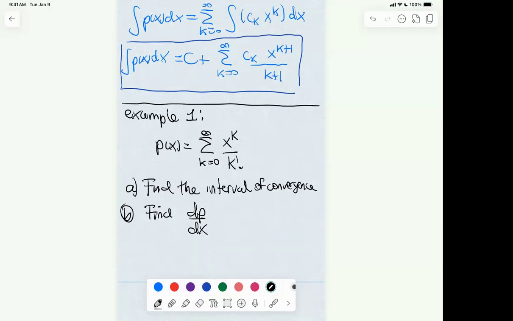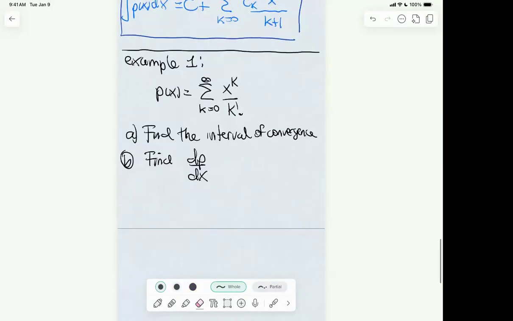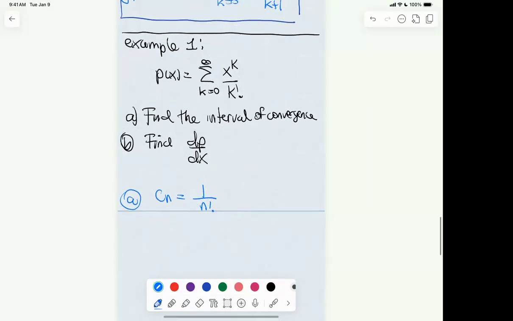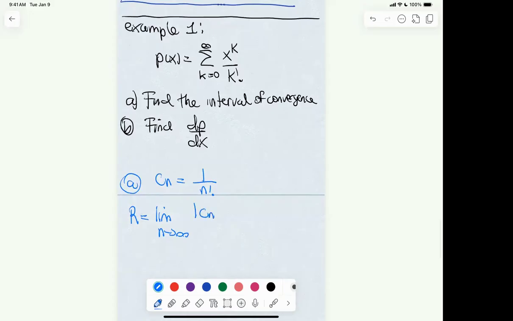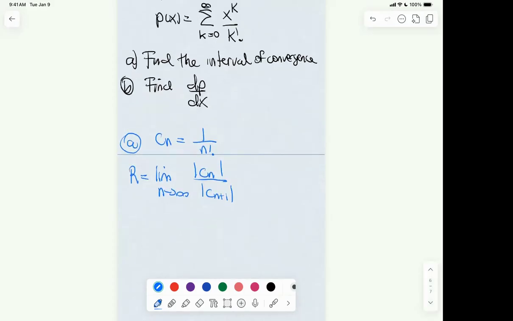Well, for the interval of convergence, again, you identify the coefficient in front of x to the k, which is 1/n factorial here. And you can try to find the radius using this limit that I mentioned earlier in the class. So you take c of n divided by c of n plus 1. What is c of n? That's 1/n factorial.